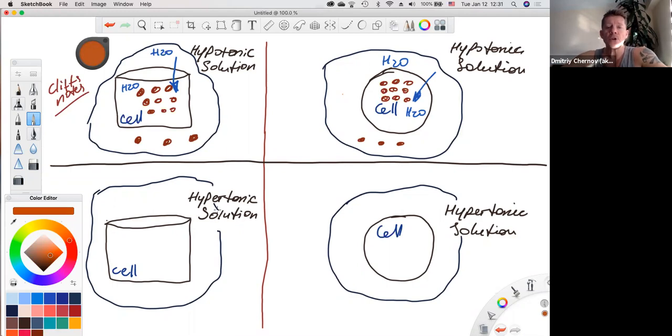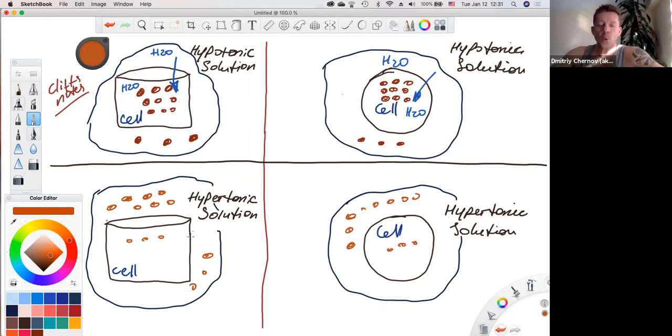So in a hypertonic solution, there are a lot of particles in the solution, and there are fewer particles inside of the cell. On the top view, that's the same thing. So in the hypertonic solution, there are more particles, and inside of the cell, there are fewer. So guess where water is gonna go right now?